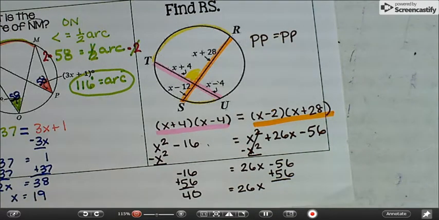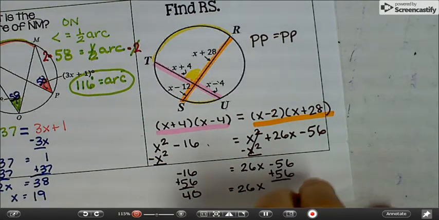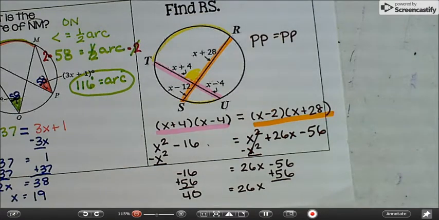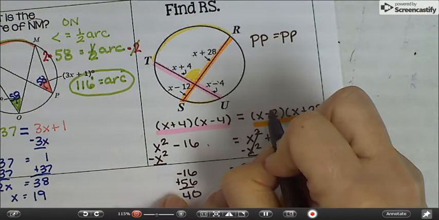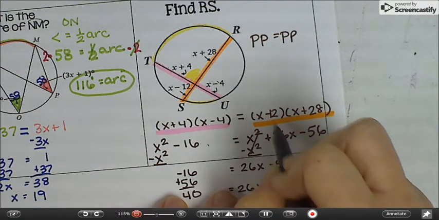And I feel like this is not coming out right, so let me check what I did possibly wrong. Oh, oops. That should have been 12.